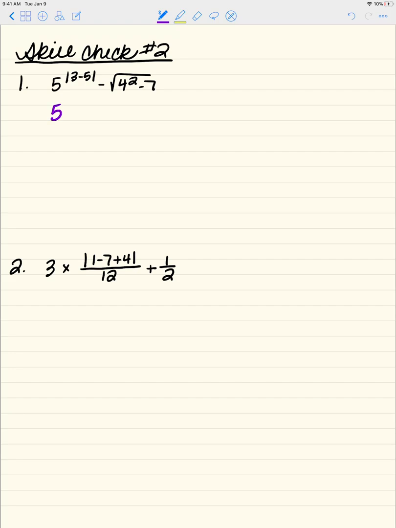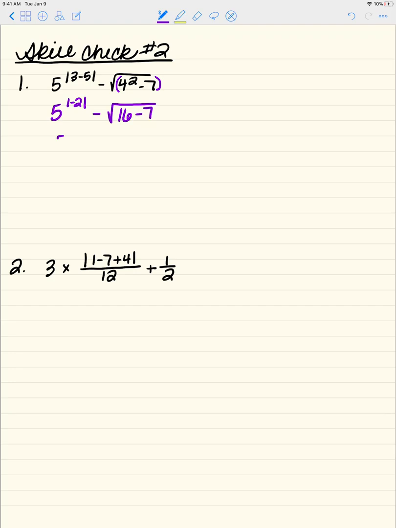5 raised to absolute value of 3 minus 5. 3 minus 5 is negative 2 minus the square root of what's happening under here. It's as if there's parentheses. So I'm just going to square that 4 squared. So 16 minus 7.